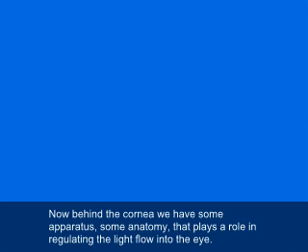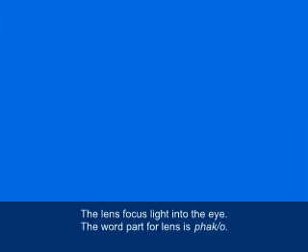Now, behind the cornea, we have some apparatus, some anatomy that plays a role in regulating the light flow into the eye. First of all, we have the lens. The lens is able to focus light into the eye, and the word part for lens is phaco, PHAK/O.